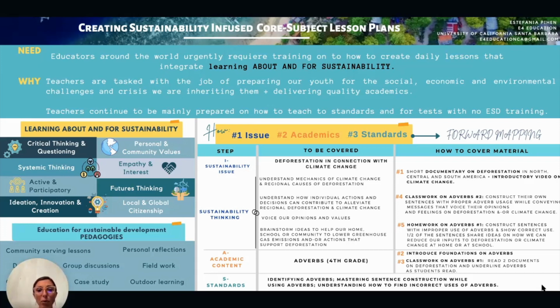In this example, it's adverbs, and the lesson plan is a real example from a real lesson plan that was constructed by a teacher during a training session with me, and it was for 4th grade. As the third step, it's simply determining what are the standards that I need to achieve.